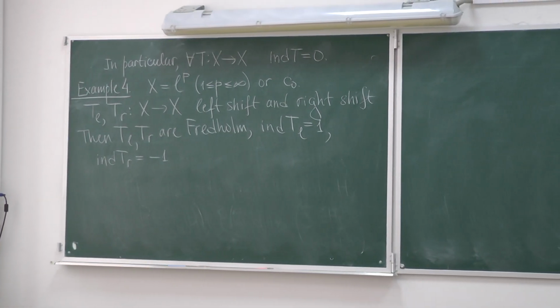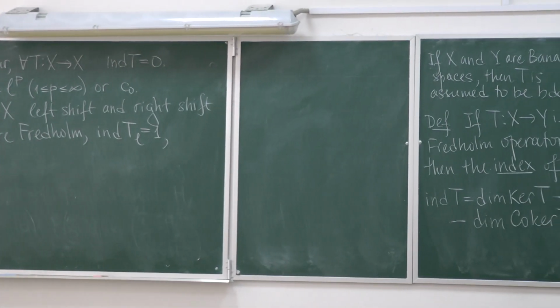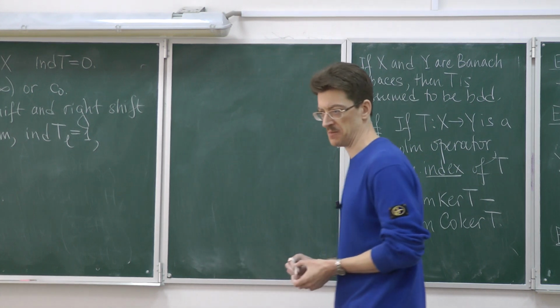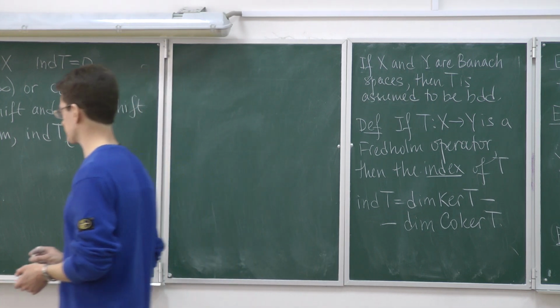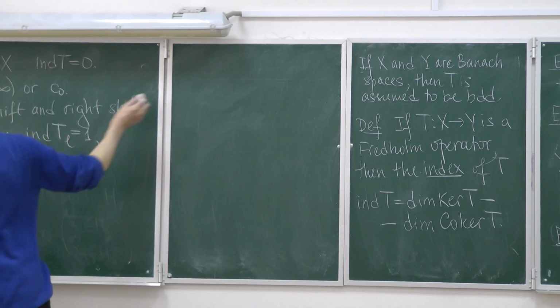Let's now look at some properties of the index. So today, we will prove probably the most basic algebraic property of the index, namely the additivity of the index. So we have the following result. Theorem.